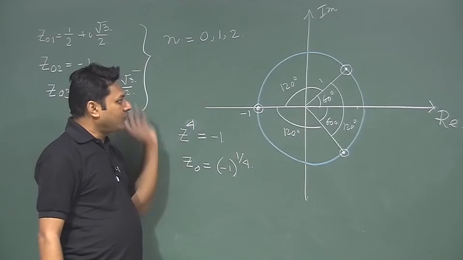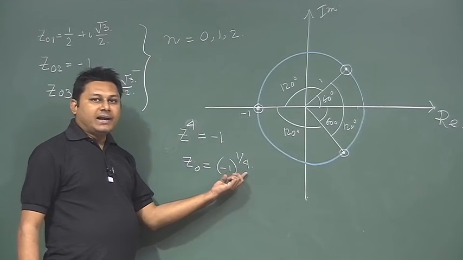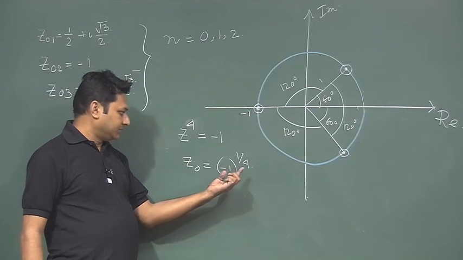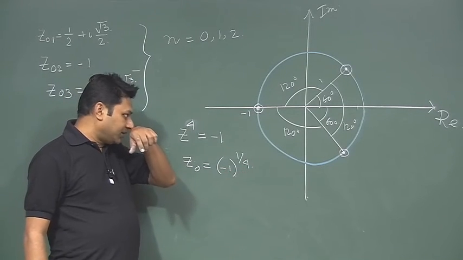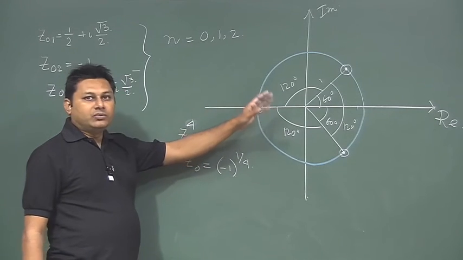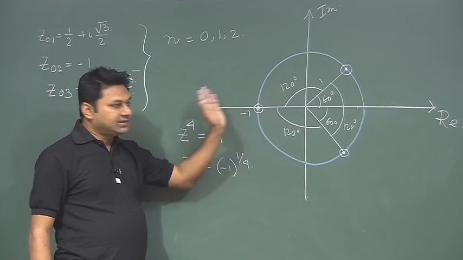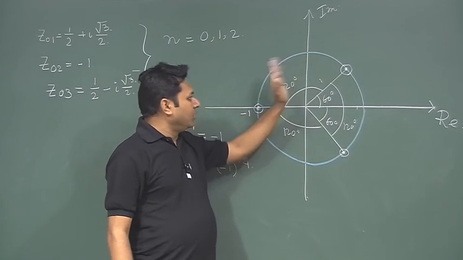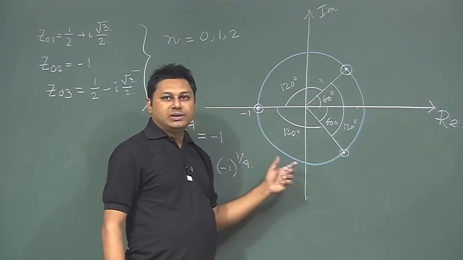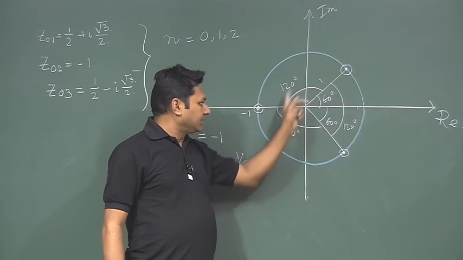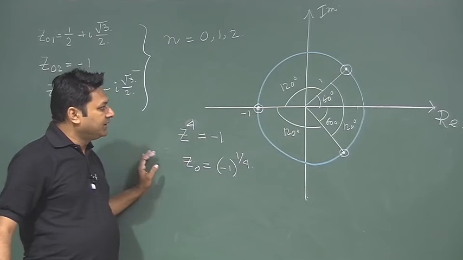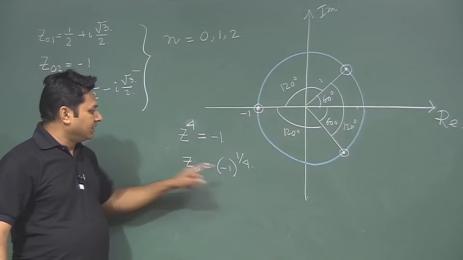Again, the same problem, instead of 3 roots, I need to find the 4 roots, and if you try to find what the roots are, then again you need to calculate in this way, and you find that you have 4 roots equally spaced over a circle with unit radius, with a separation between them which is related to this angle.